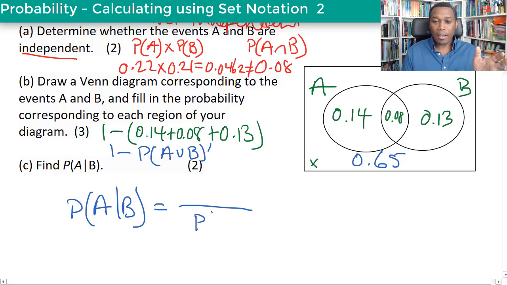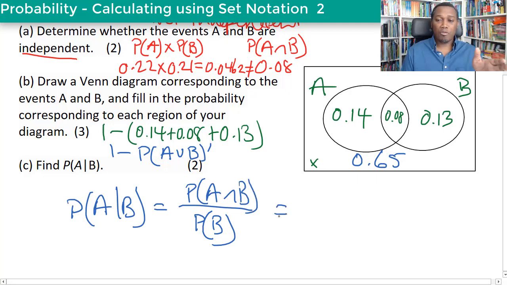And I'll write down the formula, probability of A intersection B divided by the probability of B. The probability of B is 0.21. The probability of A intersection B, we're reading it off from the Venn diagram, it's 0.08.